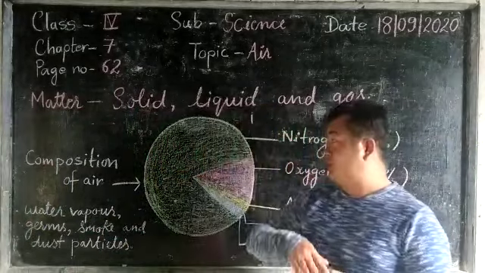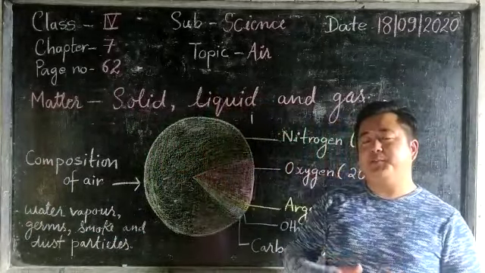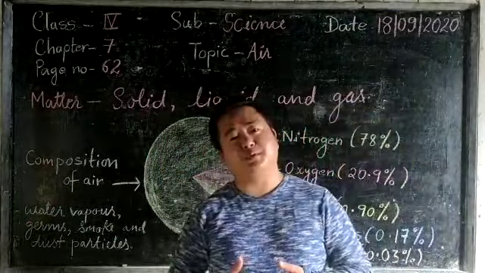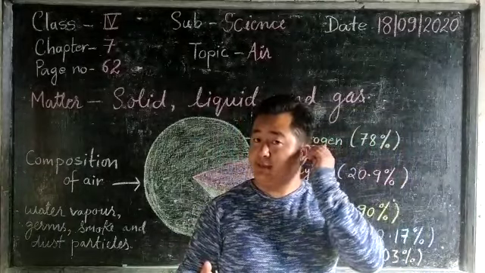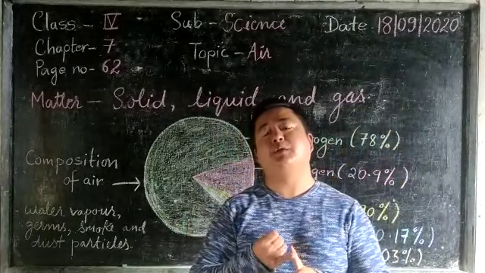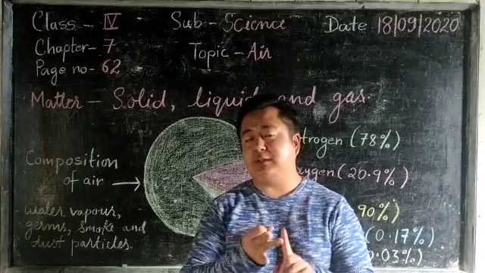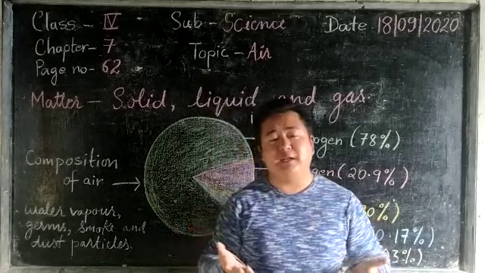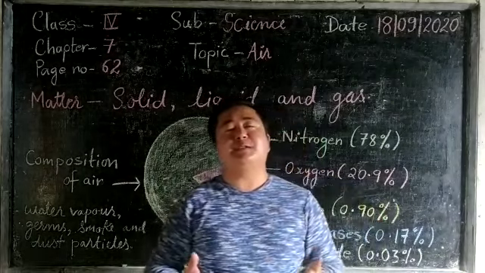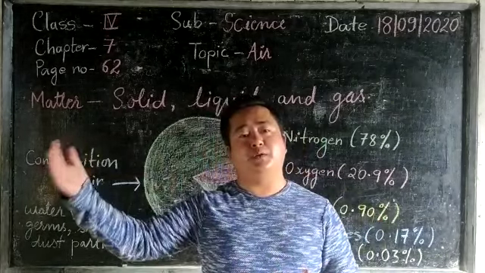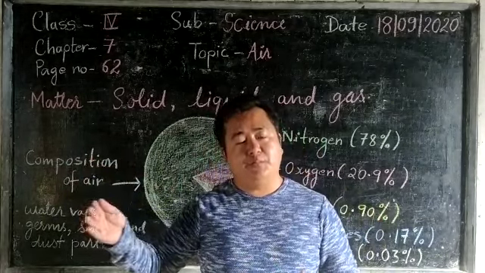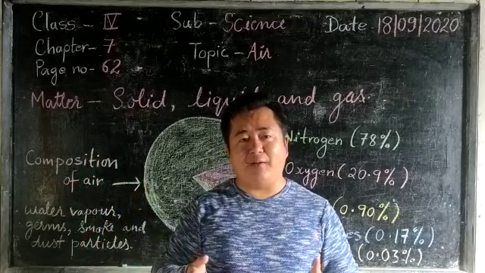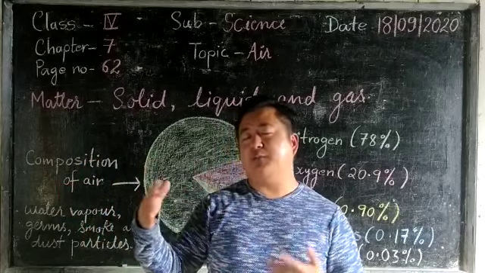And moving on to the topic, air is composed of different gases. And we know that we cannot see air, we cannot touch air, we cannot smell air, but we can feel air. How? When you stand and the wind blows, then you can feel the air.